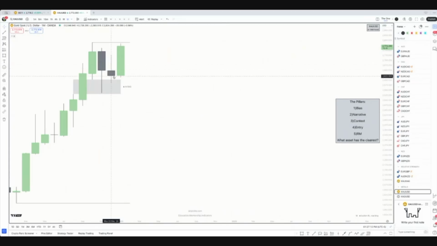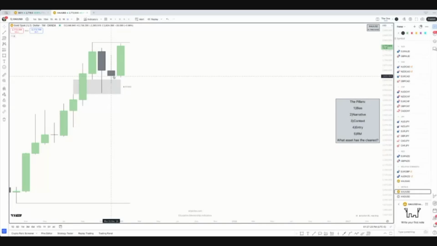I really just go off of whatever forms first, because if we have a daily fair value gap, then it's also likely we already have a 4-hour chain. If we have a 4-hour chain, then it's also likely we get a daily fair value gap. So for me, whatever happens first, they're just as equally valid.